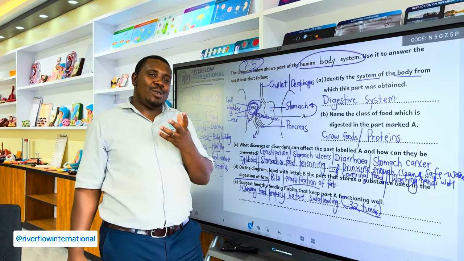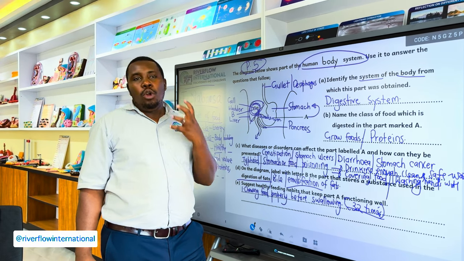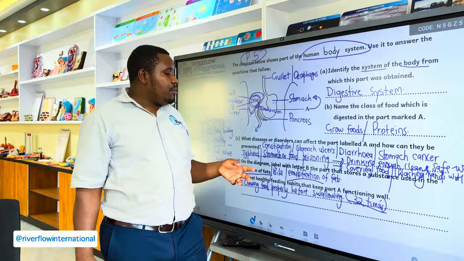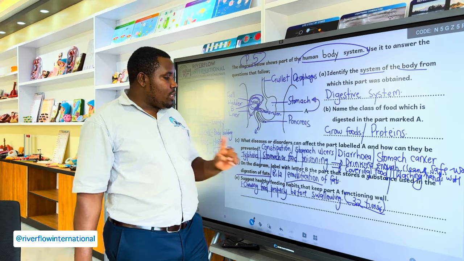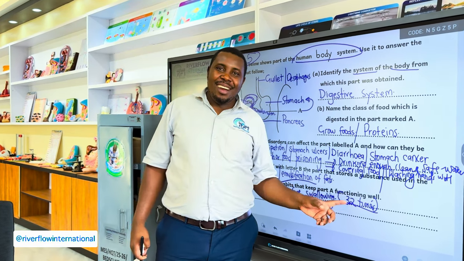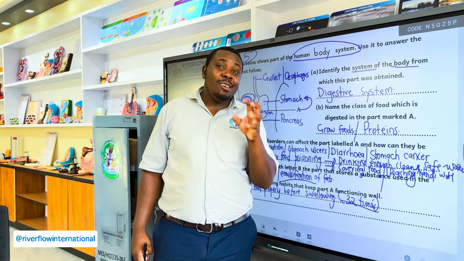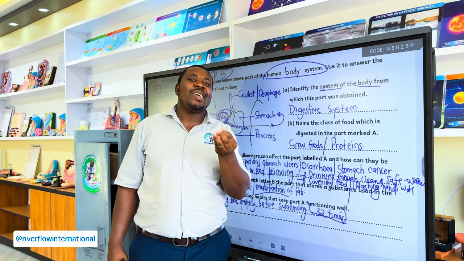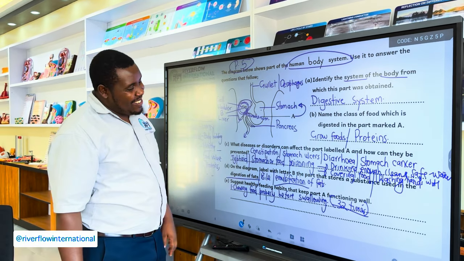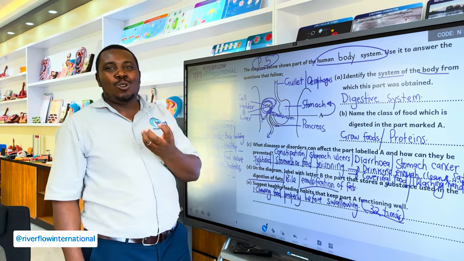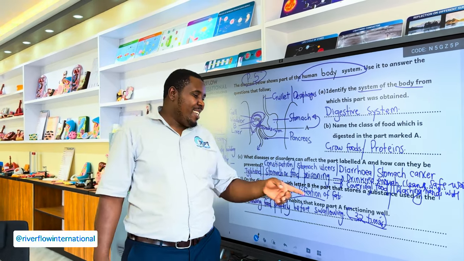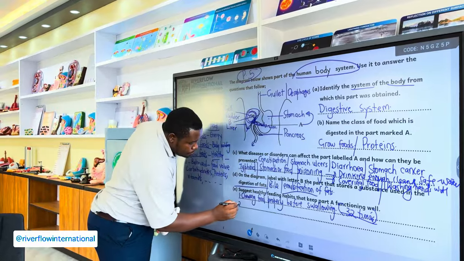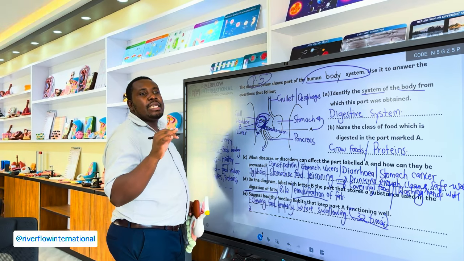The food particles are broken down and cut into small pieces by the teeth before you swallow them, for easy digestion in the stomach, which is part A. So I want to know how many of us, every time we are eating, depending on the type of food, are able to chew that food 32 times before swallowing. I can see someone who chews maize and swallows. So please mind about it. It's a healthy habit.